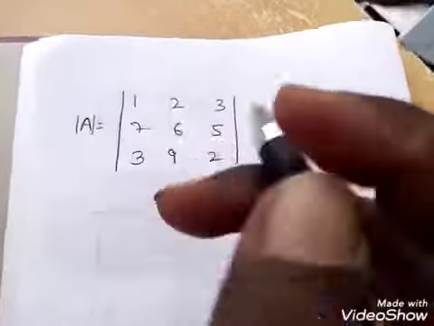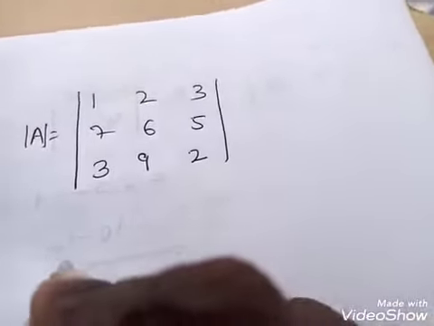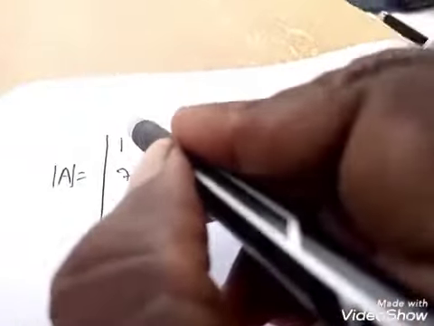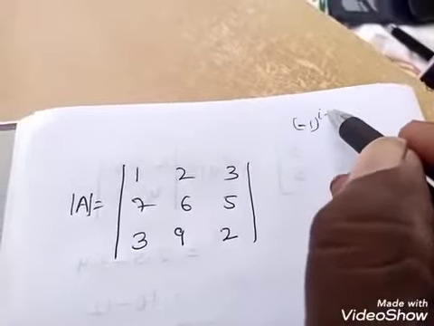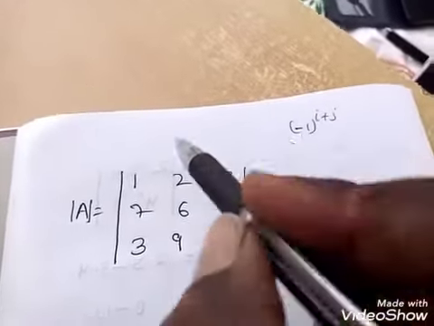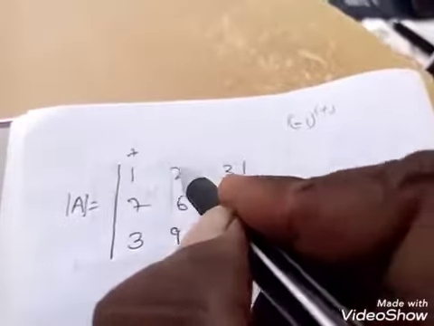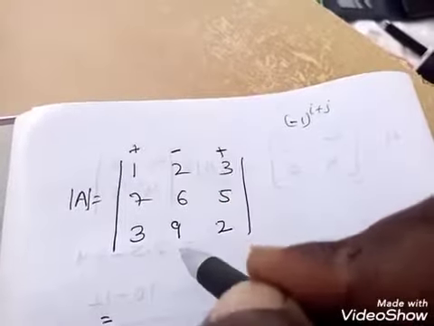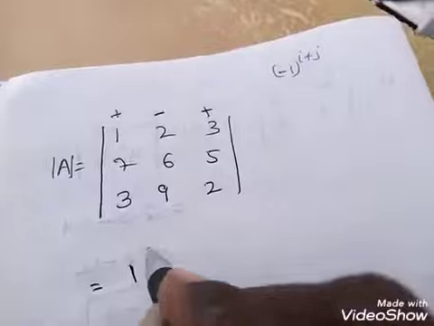Now here you can calculate with any row or any column. Directly you have to take minus 1 power i plus j. For a11 the sign is plus, and this one is minus, this one is plus.